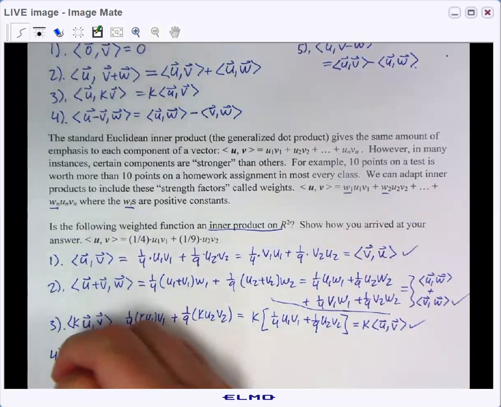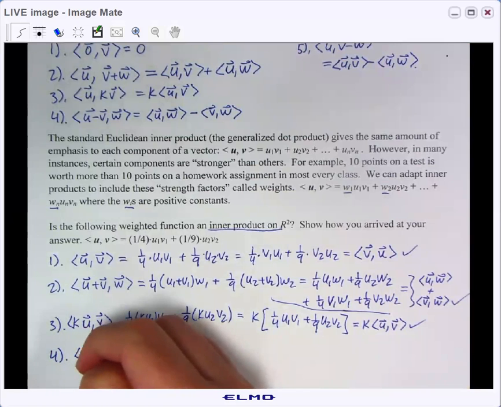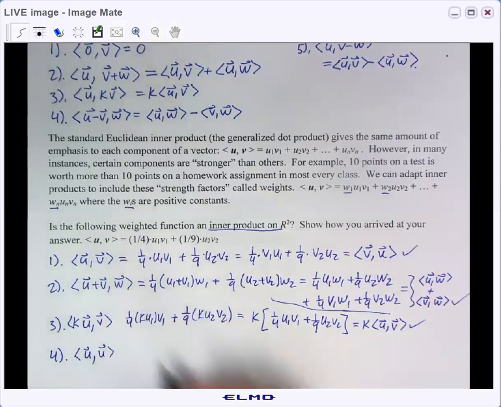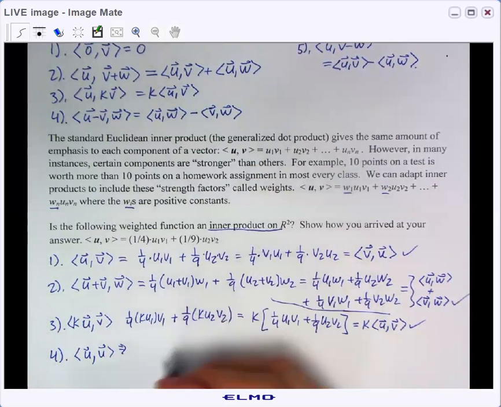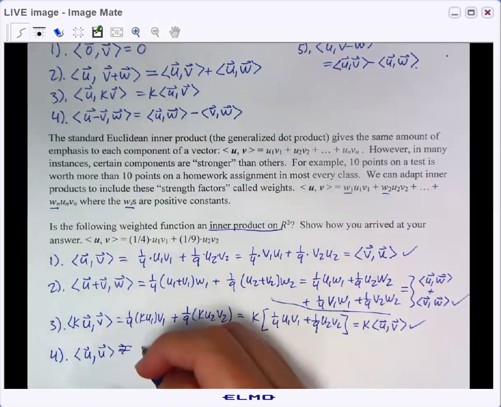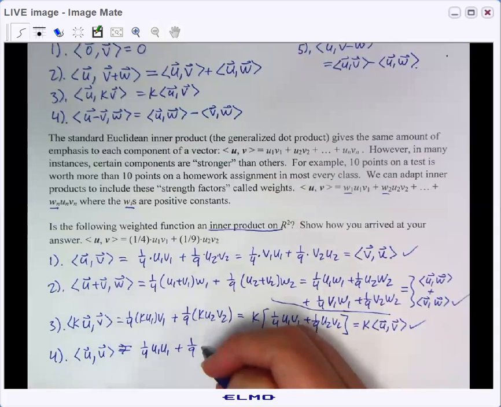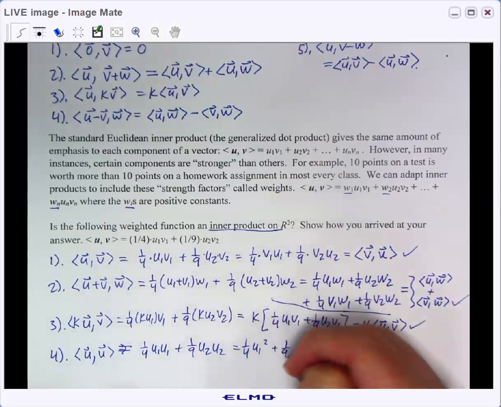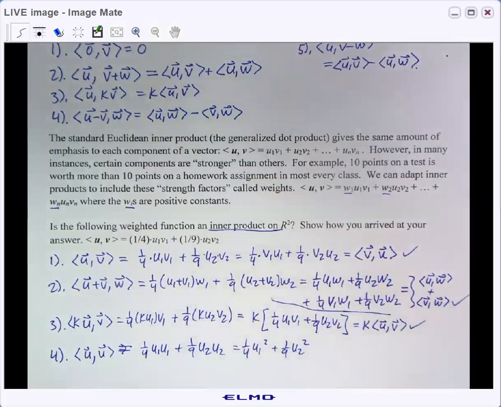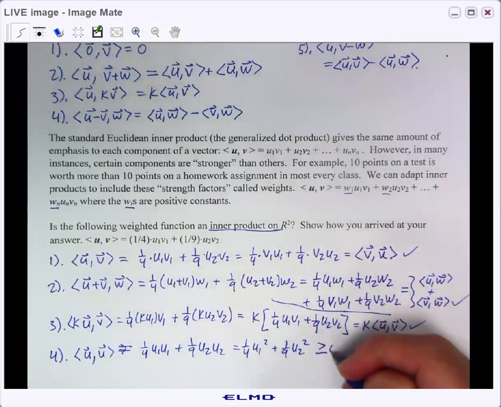The last axiom, number 4, we need to show that the vector inner product with itself, even though it's a weighted inner product, is nonnegative. So we're going to have 1/4 U1 U1 plus 1/9 U2 U2, or in other words, 1/4 U1 squared plus 1/9 U2 squared. But since these are real numbers and we square them, they can never be less than 0. Therefore, this has to be greater than or equal to 0.